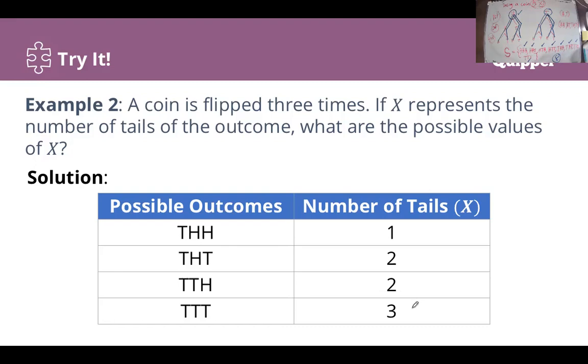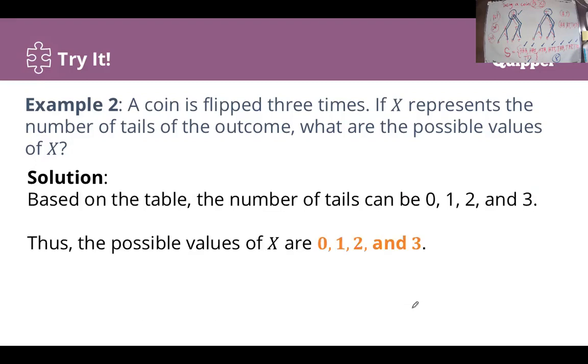Now, paano ililista yung mga possible values ng x if x is a tail? So we will write this like this. Based on the table, the number of tails can be 0, 1, 2, or 3.